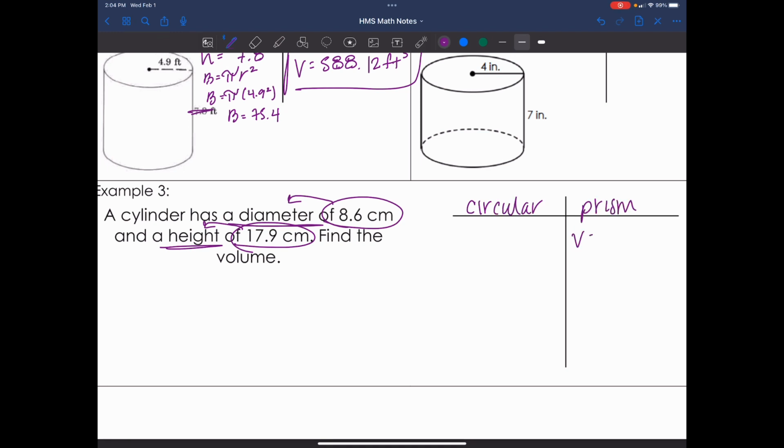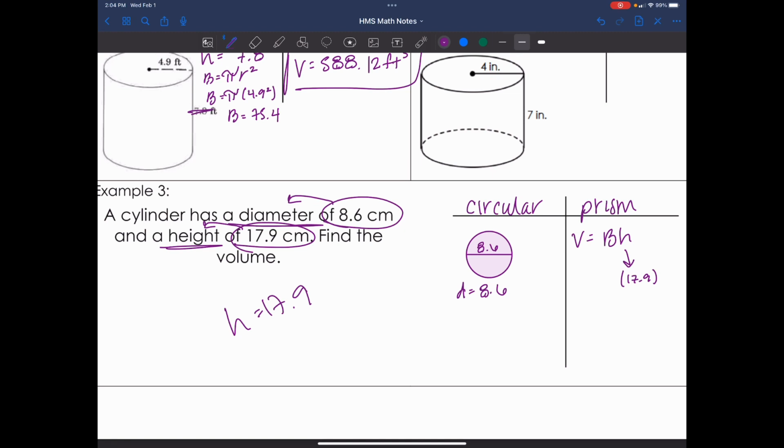It does ask for volume, which is capital B times H. Drawing my circle, pulling out my known information. The diameter is 8.6. It says my height is 17.9. So I'm going to plug that in immediately.